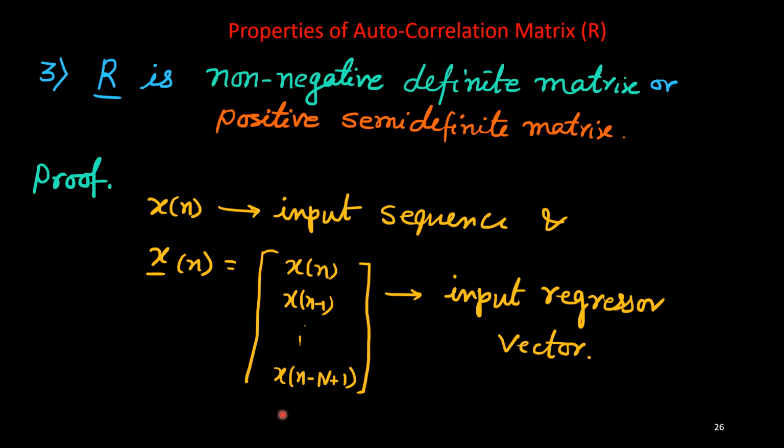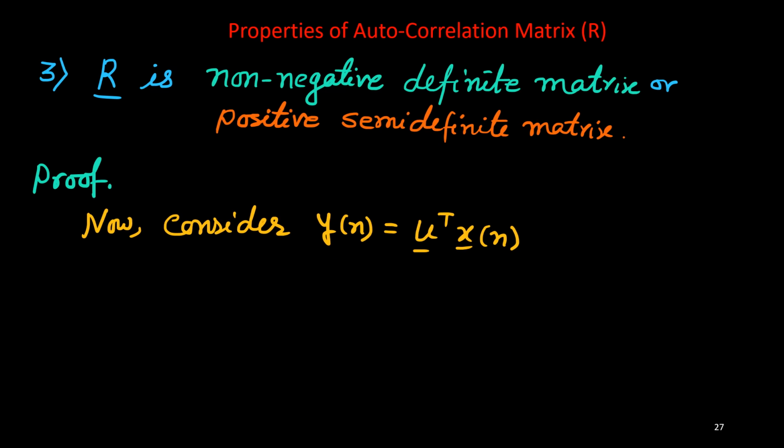Here I have considered the system length to be capital N, so the regressor vector dimension should be N cross 1, a column vector, right? Now we'll consider y(n) equals u transpose x(n), where u is a constant vector. It is not varying over time, but any constant N cross 1 vector.